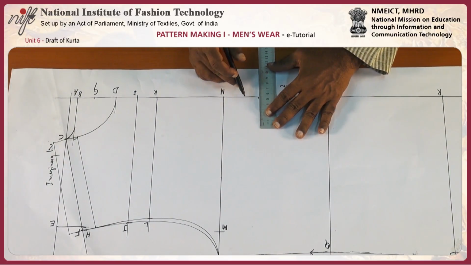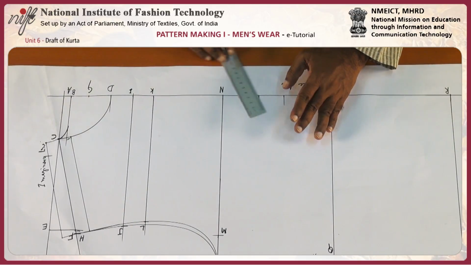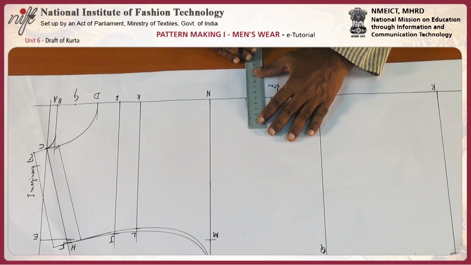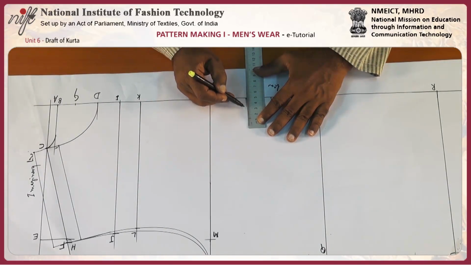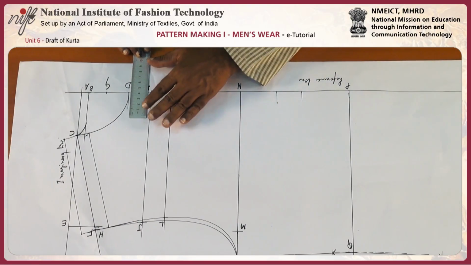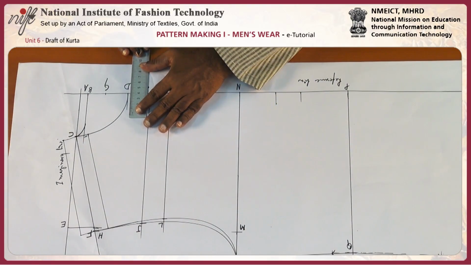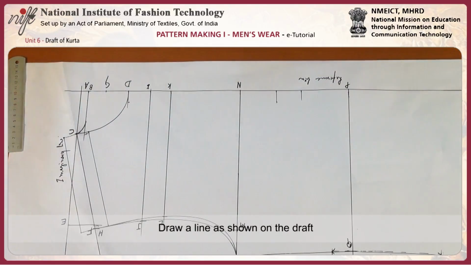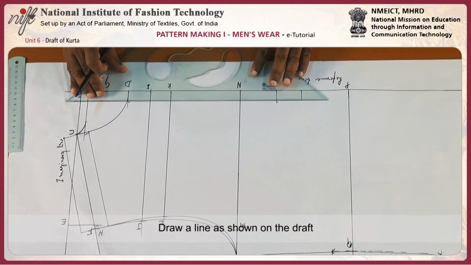Square this, then measure 2 centimeter, then measure here also 2 centimeter, then draw a line as I am showing on the draft.